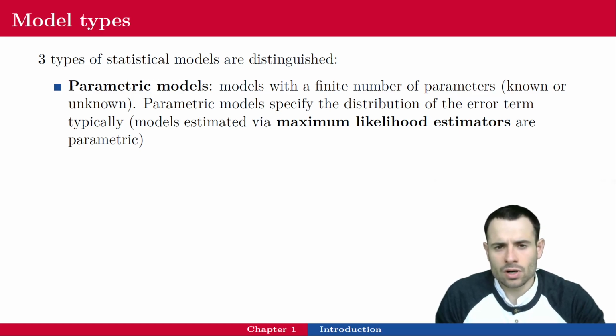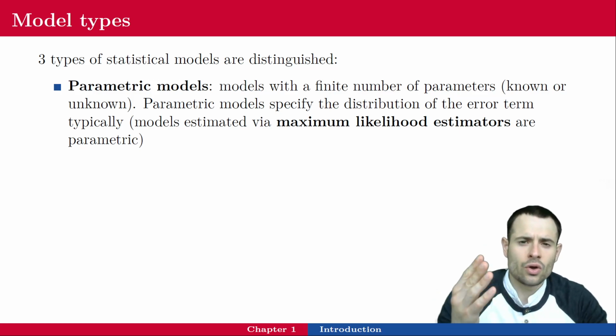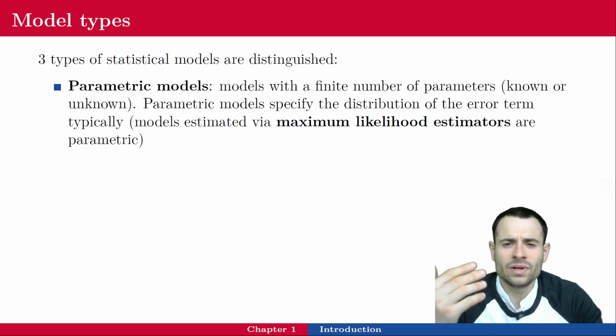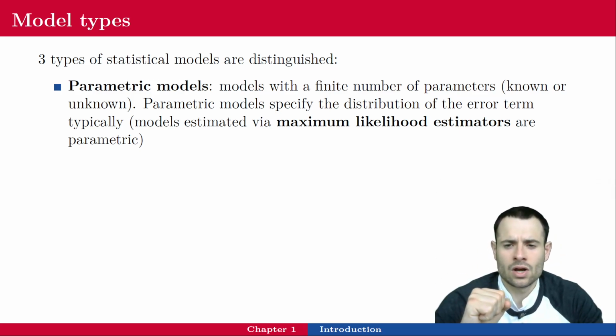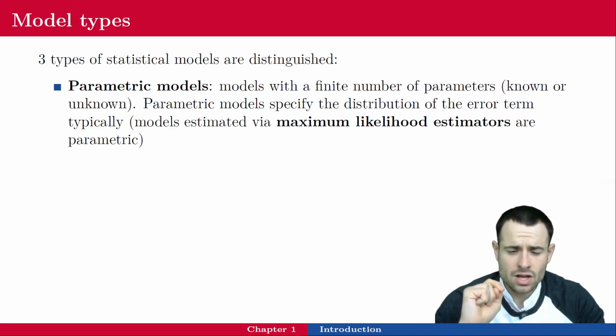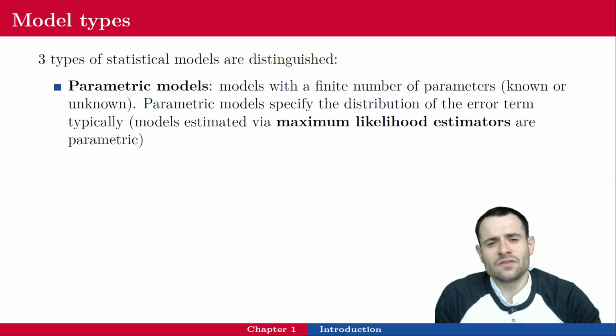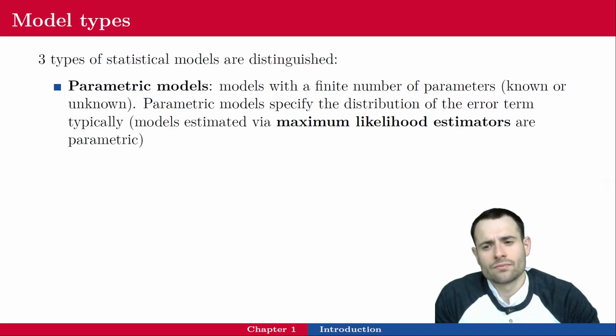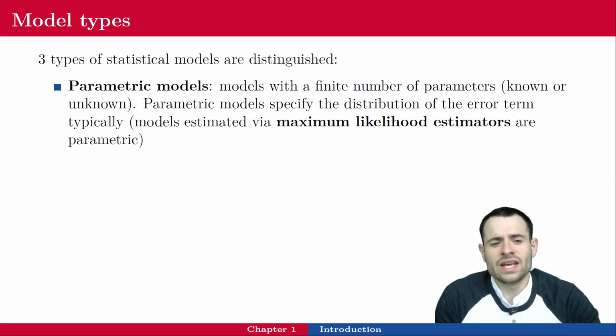Since we are talking about models, three types of models in general are distinguished. Parametric models are models with a finite number of parameters. In your head, you could think of beta 0, beta 1, beta 2 when you're looking at linear regression. But what's important is that parametric models specify the distributions. In particular, they specify the distribution of the error term.